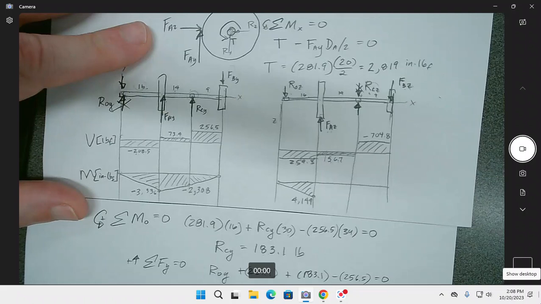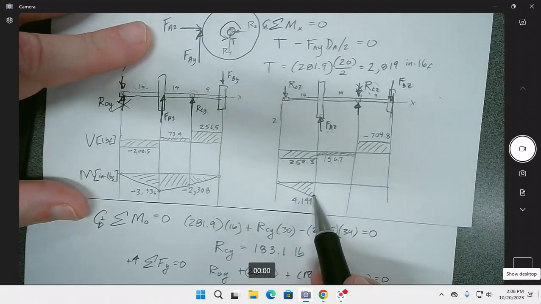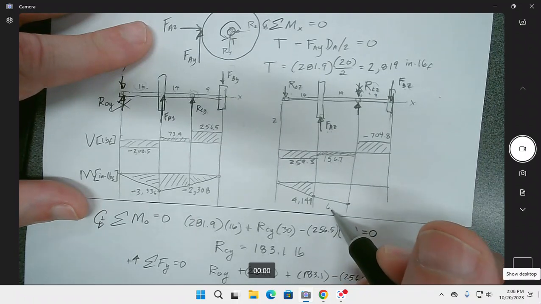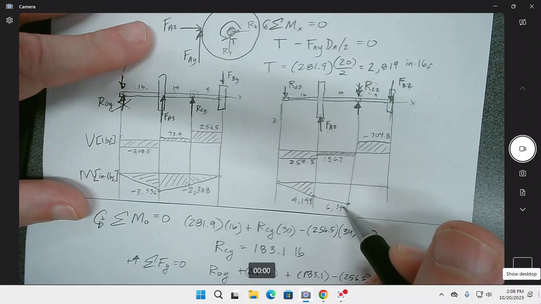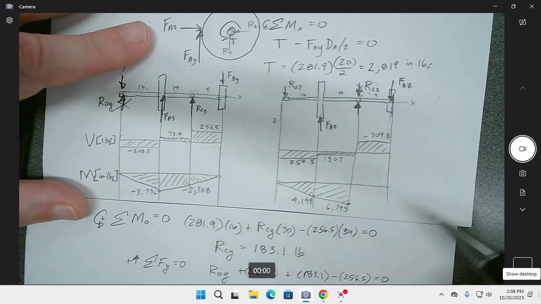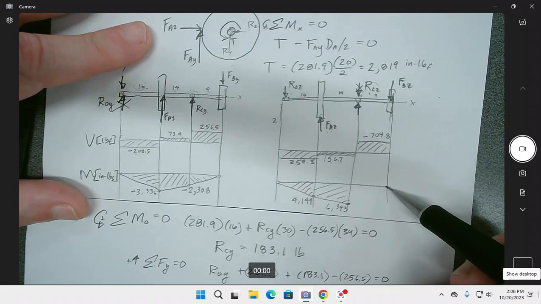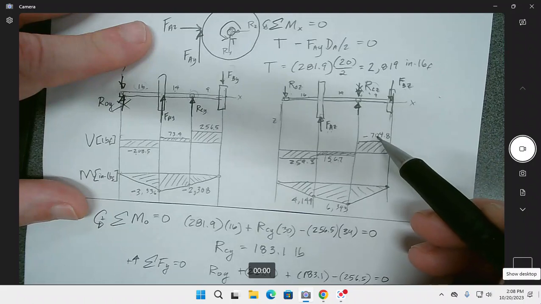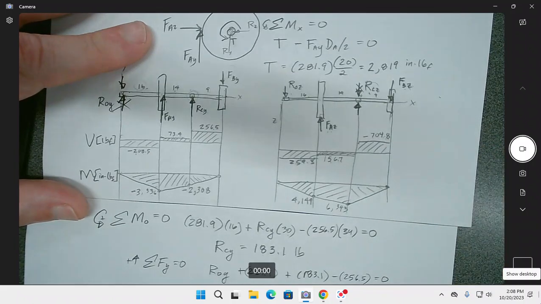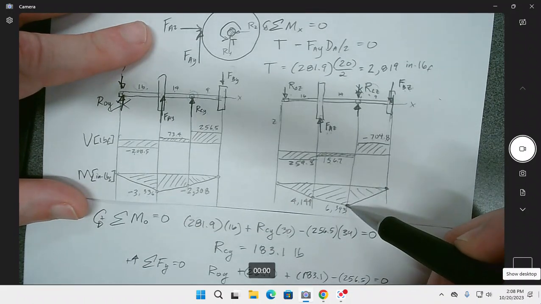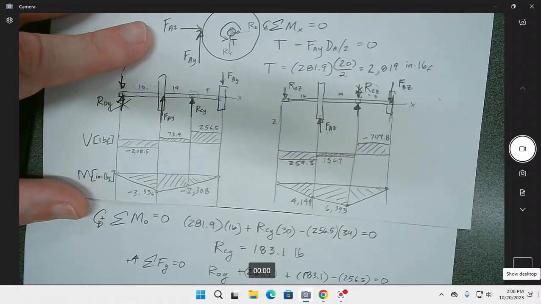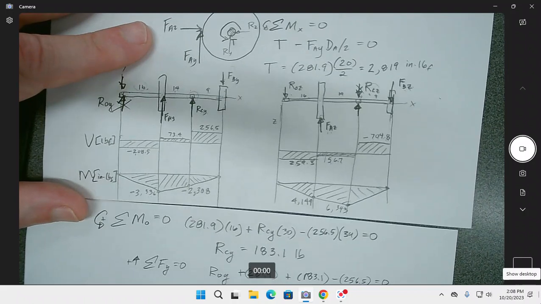Now it's increasing, but the slope has changed. So that's going to go to 6,343. It's going to go back down to 0 if we got it right. But let's check. 704.8 times 9. Boom. Yes, we get the identical thing. So we've confirmed our sum of the moments were correct. Yay! And there was much applause.